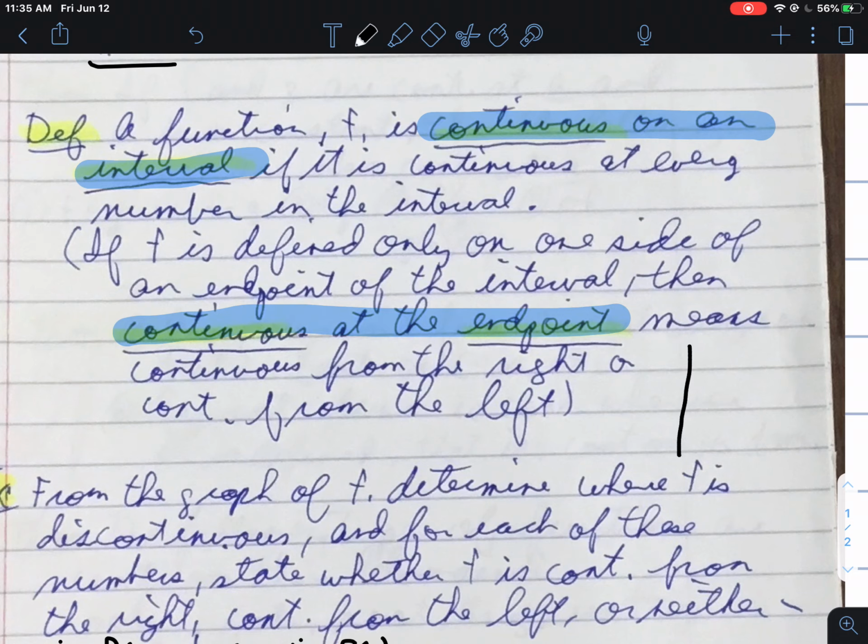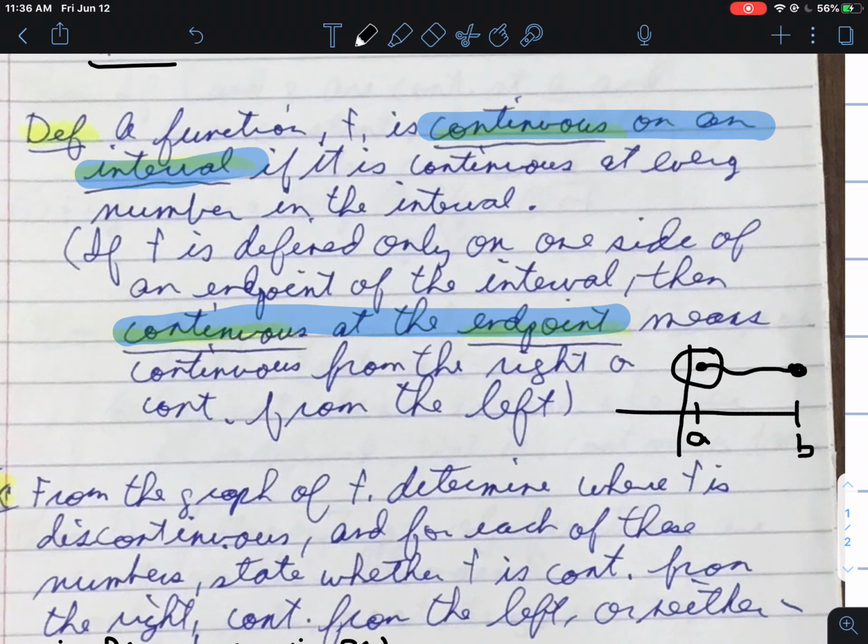All right, I'm going to give you an example here in a second, but here's the basic idea. Let's say I've got a function that's continuous over some interval from a to b. Continuous at a means, in this case, that I would be continuous from which side?